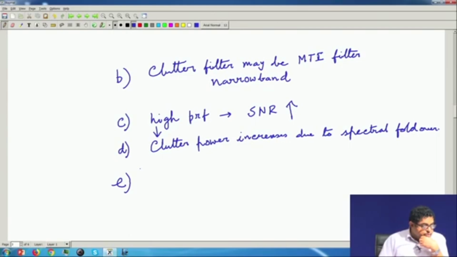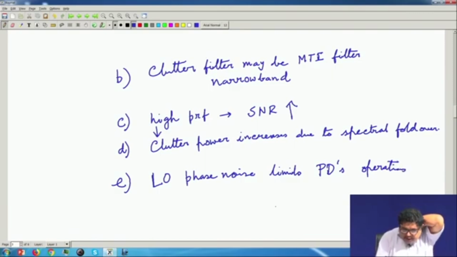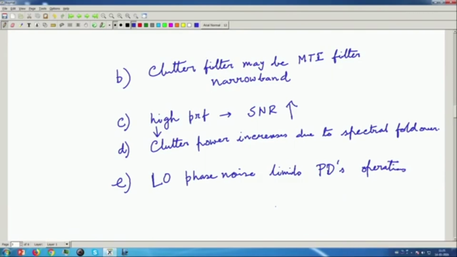So, we can say that this LO phase noise limits the PD's operations. So, not the clutter. Clutter can be easily removed in pulse Doppler radar, but LO phase noise is now the limiting factor.